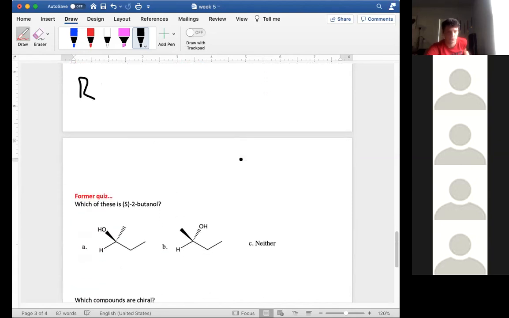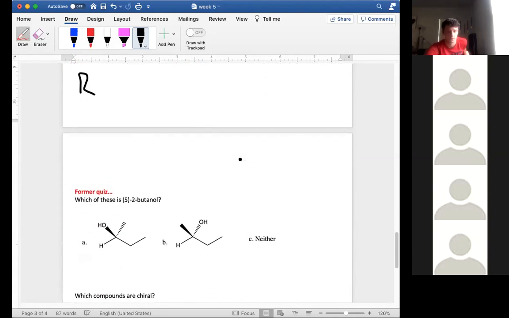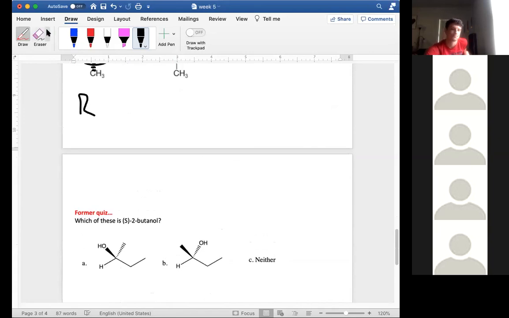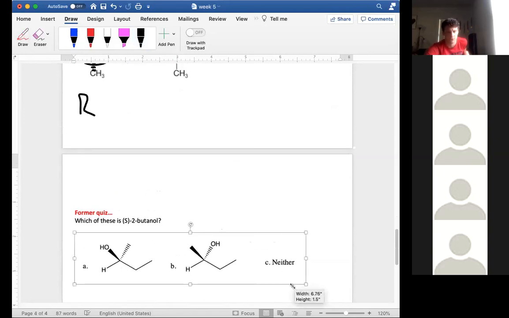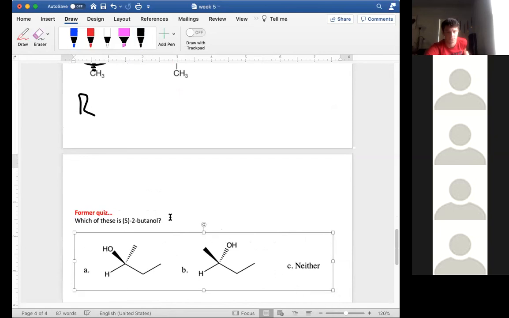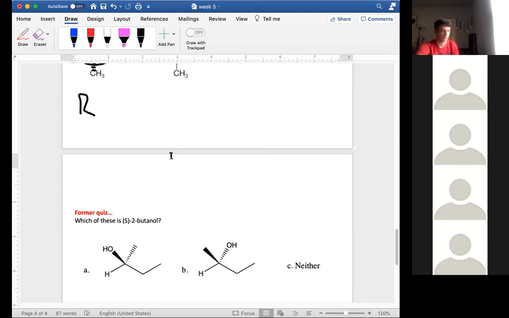All right, so this was a former quiz question. Which one is S-butanol? So obviously they're both 2-butanol, but which one of them is S? Let me know what you think.